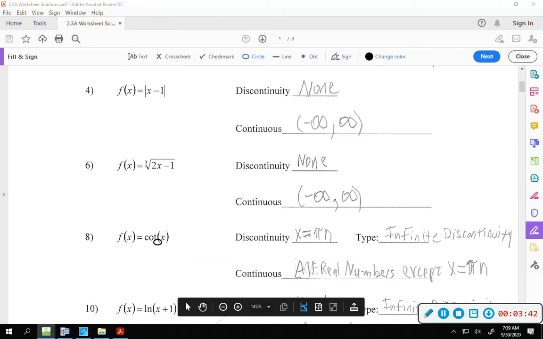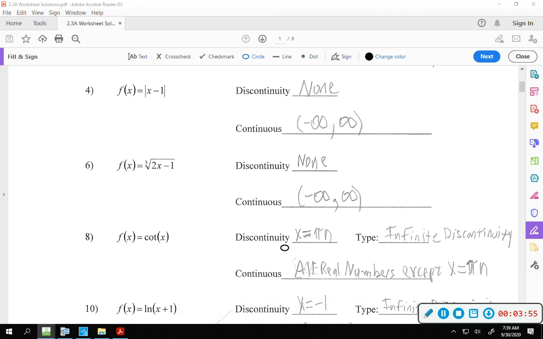When we're dealing with a cotangent function, what we need to know is that the cotangent function has an asymptote at 0, pi, 2 pi, 3 pi. So essentially it has a discontinuity at x equals pi n, at every multiple of pi, where n is assumed to be any integer.